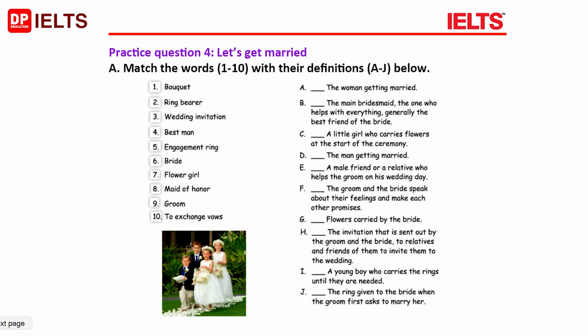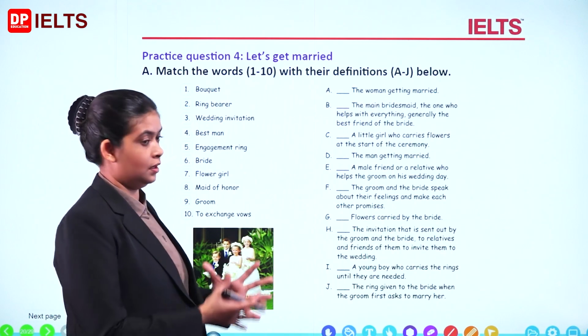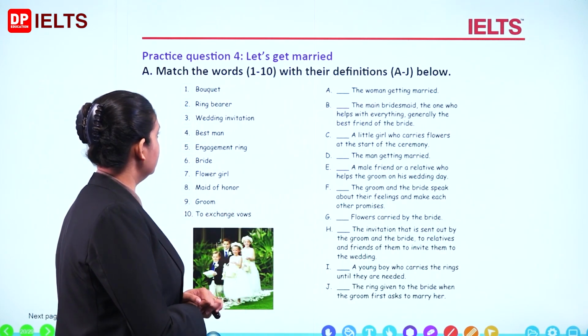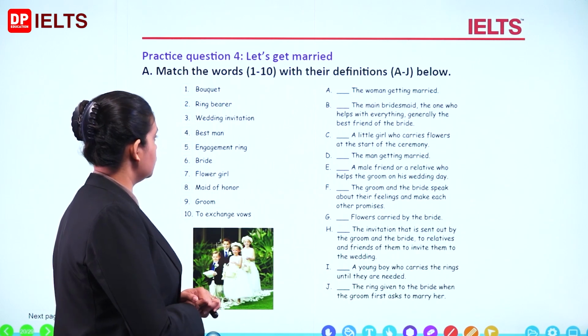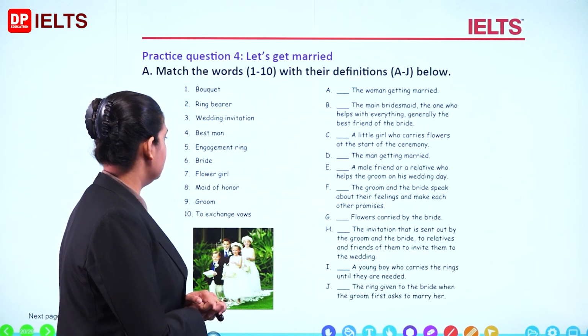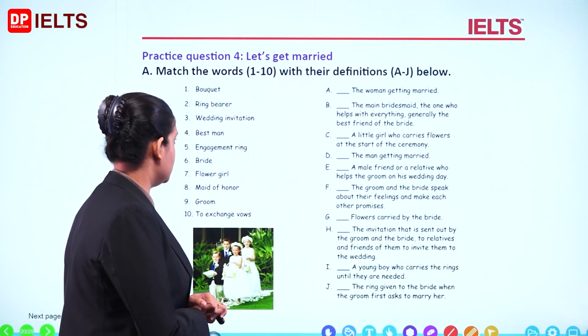Let's get married. Match the words with their definitions. Bouquet is like a bunch. Bouquet, mal kalambak. Ring bearer, wedding invitation, bestman, engagement ring, bride, flower girl, maid of honor, groom, the exchange vows. Okay?